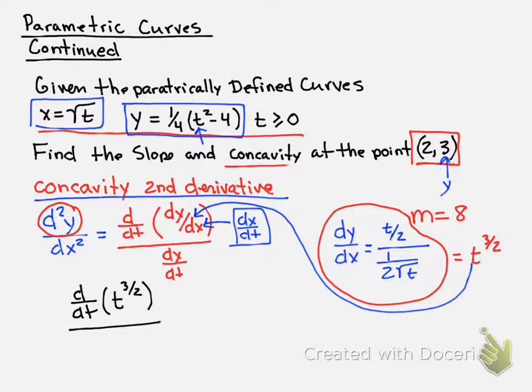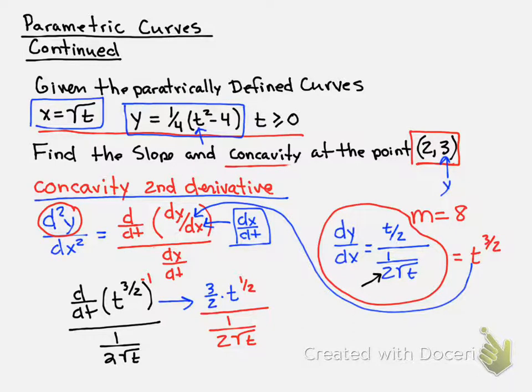So our formula is telling us I need to take the derivative with respect to time of dy/dx, and we just found dy/dx was t to the 3/2. And that's going to be over dx/dt, and dx/dt was always this 1 over 2 square root of t. So I'm going to use the power rule to take the derivative of t to the 3/2. That will be 3/2 times t to the, subtract 1 from that power, 1/2, over 1 over 2 square root of t.